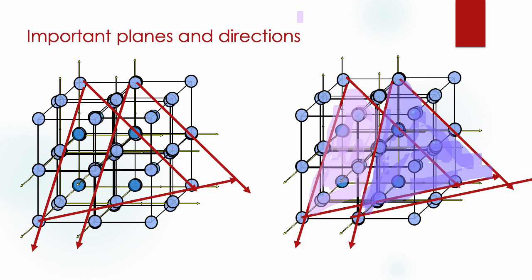And I know this is messy, and I apologize for that, but I want to try and illustrate something. So what I've done here is I've taken this, let's see, I want a color other than red or blue. So here, this is one BCC unit cell.